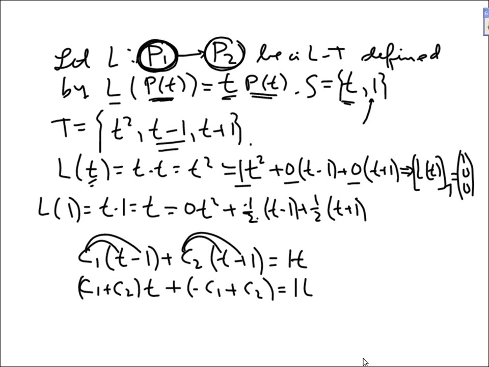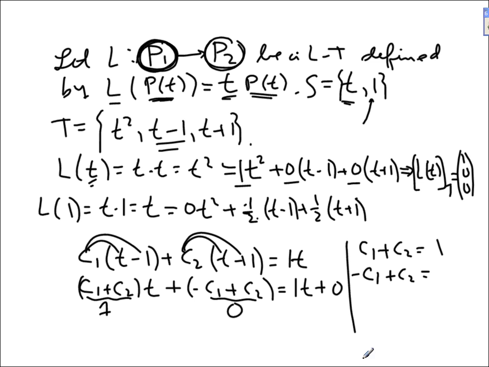And this should be 1t plus 0. That is, this should be 1, and this should be 0. Okay? So C1 plus C2 is 1, and negative C1 plus C2 is 0.